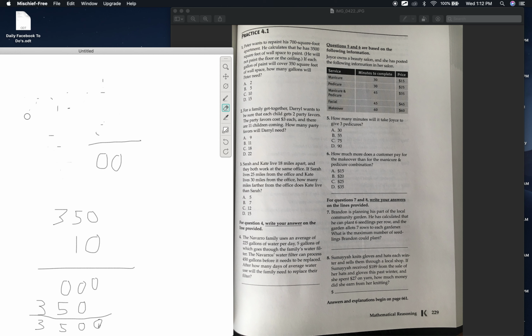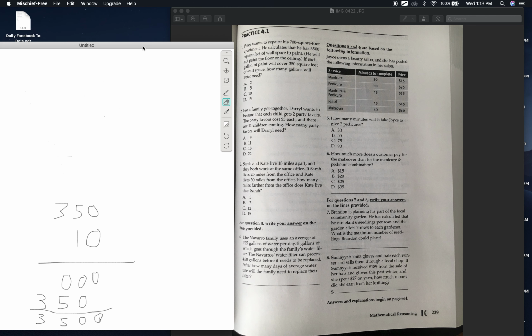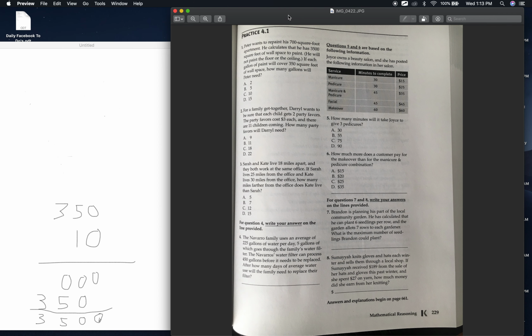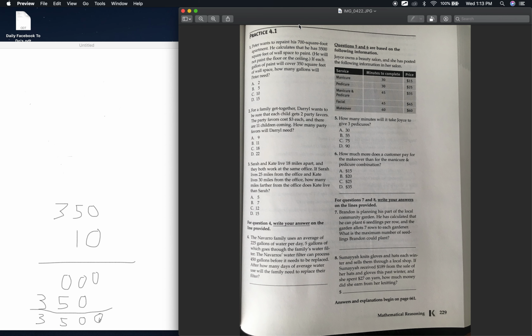Alright. That's the main thing about what we're trying to learn today, is how to figure out problem solving. Basically how to think about the sentence or paragraph that it's asking you about, so that you do the correct multiplication or addition or subtraction or whatever.